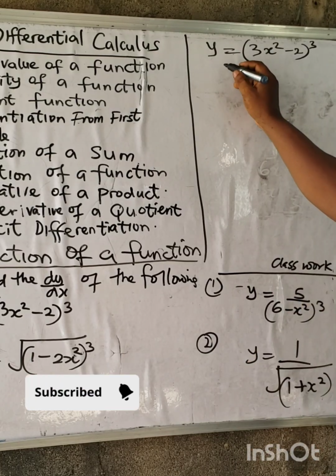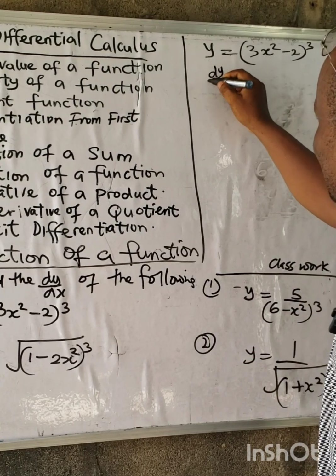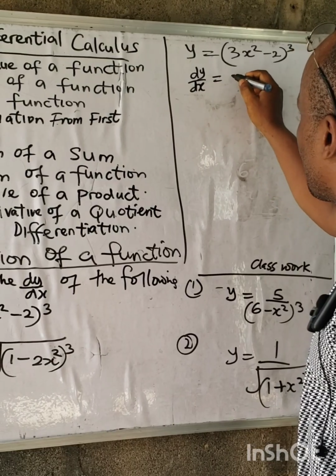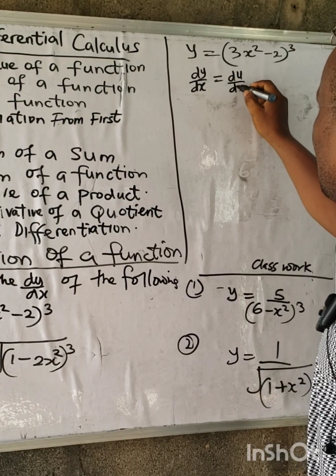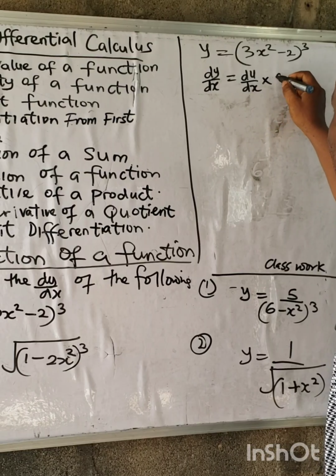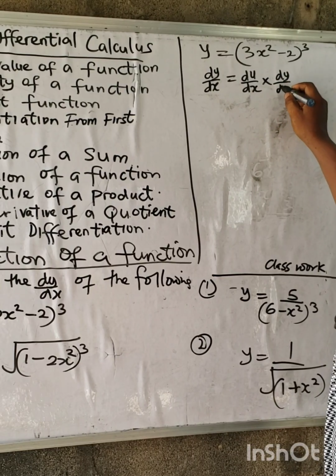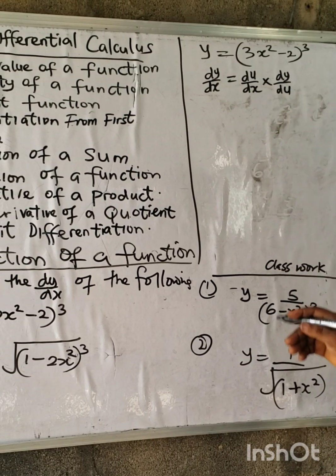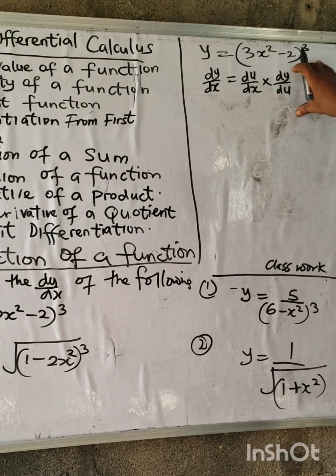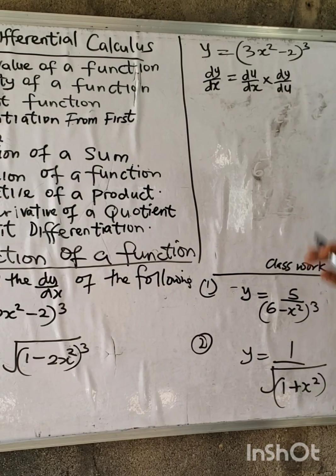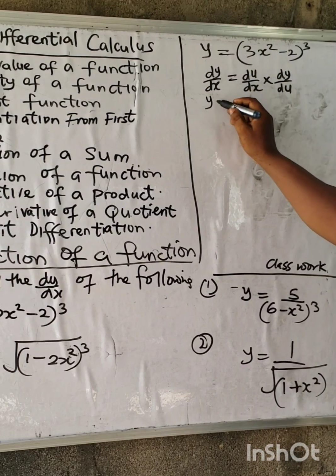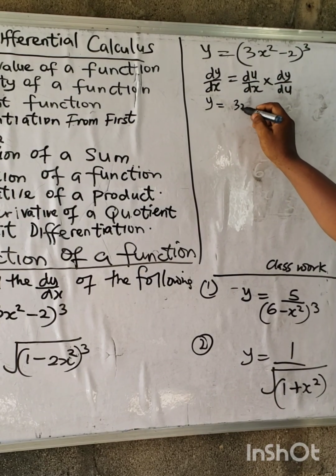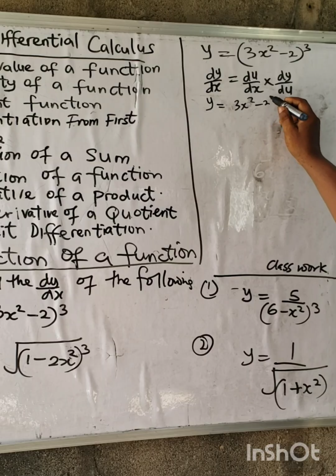Because the formula is dy/ds equals du/ds multiplied by dy/du. How do they arrive at this formula? We have y equals (3s squared minus 2).